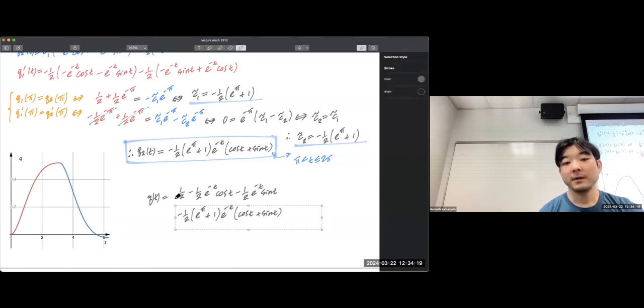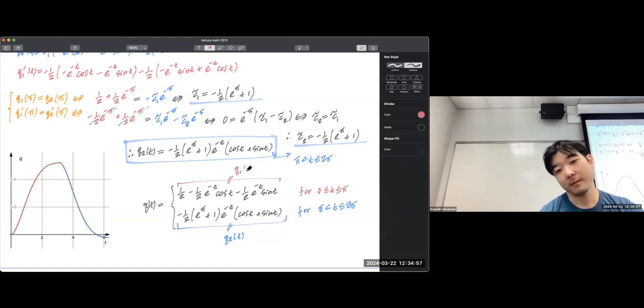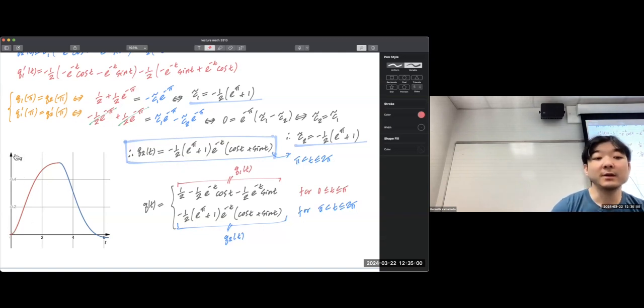The first is for 0 to pi, and the second is for pi to 2 pi. This is your Q1, and this is your Q2.